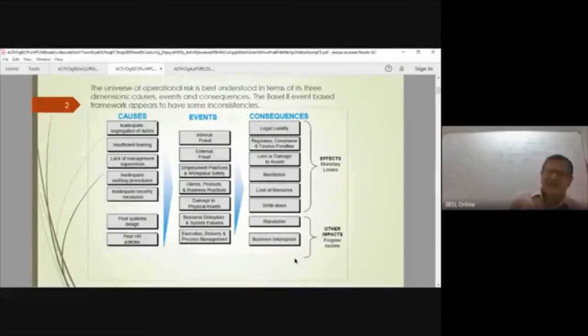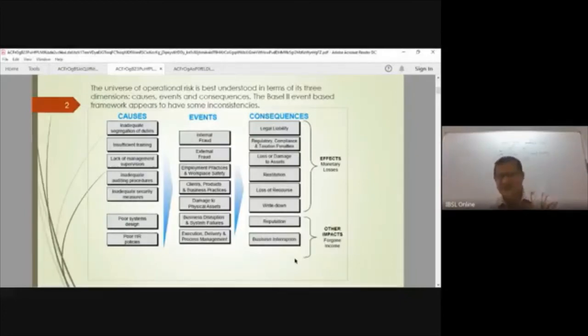So there are 7 events which we need to master: external fraud, internal fraud, employment practices, clients' products, damage to physical assets, business disruption, and execution and delivery mishaps are the events which finally will result in operational losses.